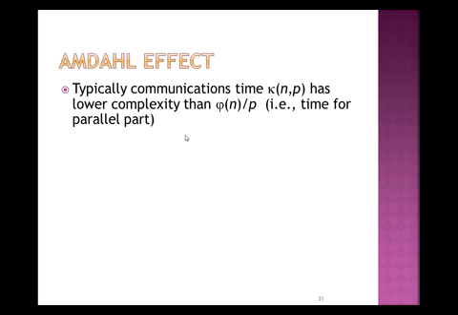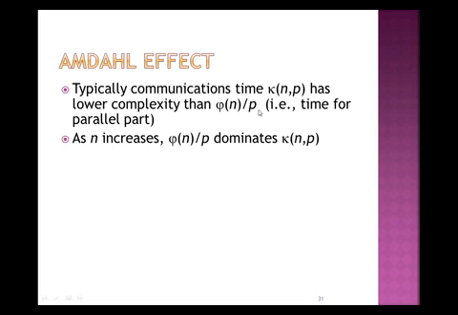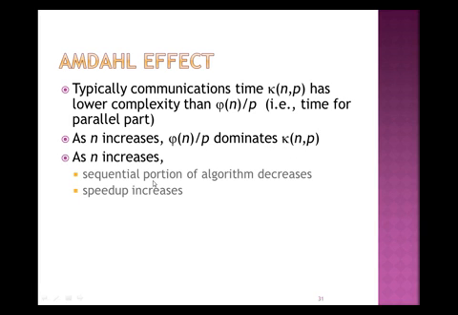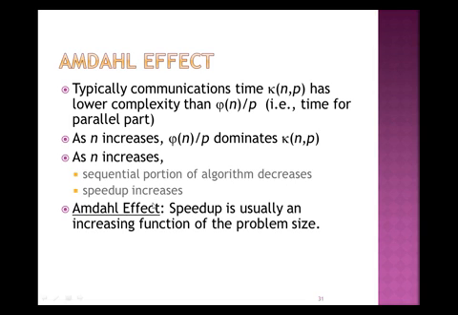Now, what are the effects of Amdahl's law? Typically, communication time, that is k and P, has lower complexity than the time for the parallel part, phi n divided by P. If n increases, that dominates k and P. As n increases, the sequential portion of the algorithm decreases, increasing the speedup.